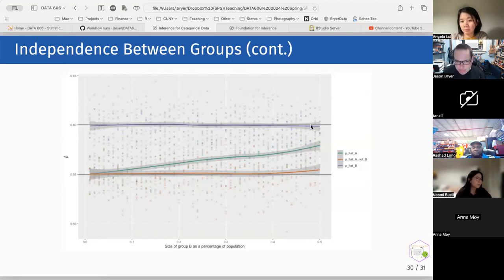This top line here is the probability of, say, the bigger group. You can think of this as the proportion of Duke students, and the green and the red lines would be the proportion of Americans. I fixed it so that the proportion for Duke is 60%, and the proportion for Americans is 55%.